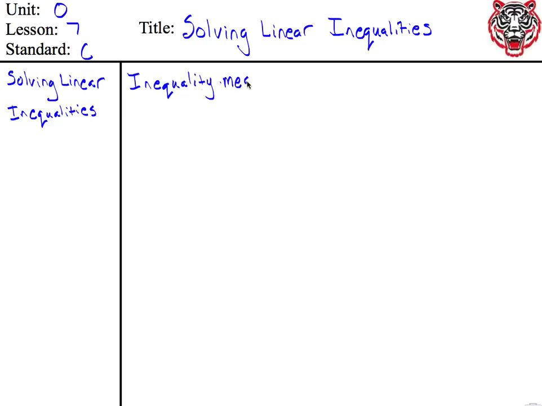For those of you watching the video, we only have two people in here, Daisy and Johnny, and neither of them know the answer to this question. Inequality. Well, let's analyze that word. I see the word equal in here, and I see the prefix in, which means not. So, not equal. I'll write this in all caps here: NOT EQUAL.